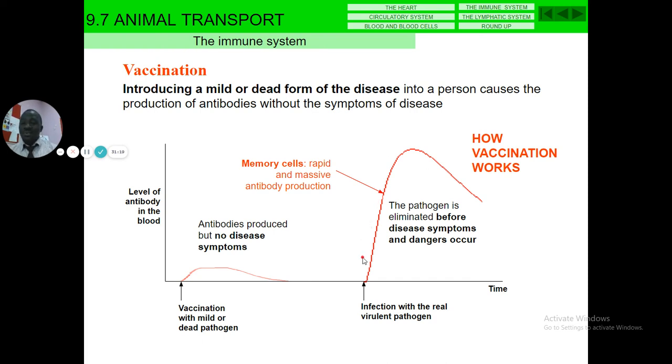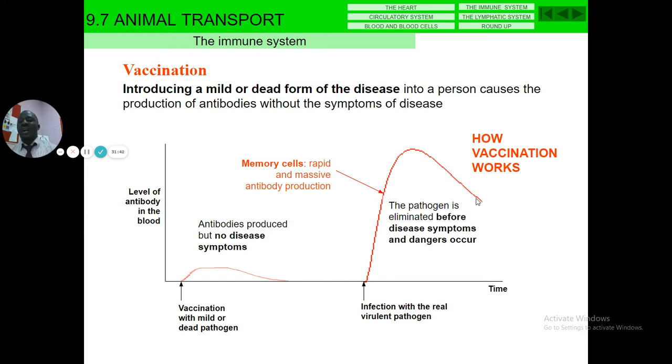So by the time you land on someone with COVID, your body will produce a lot. Your body will produce these memory cells, which will produce massive antibodies. And those antibodies will fight the virus before you even get the clinical symptoms. So what, for starters, do we have to know?